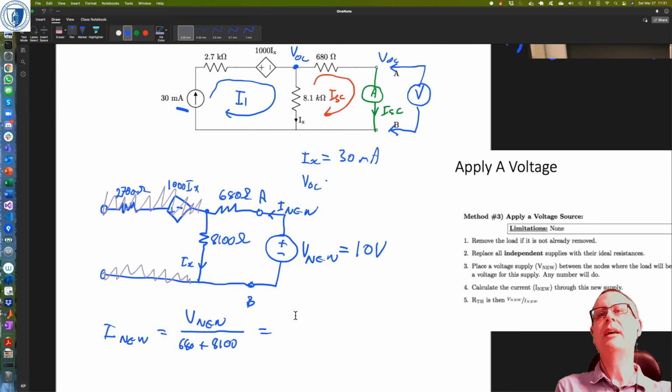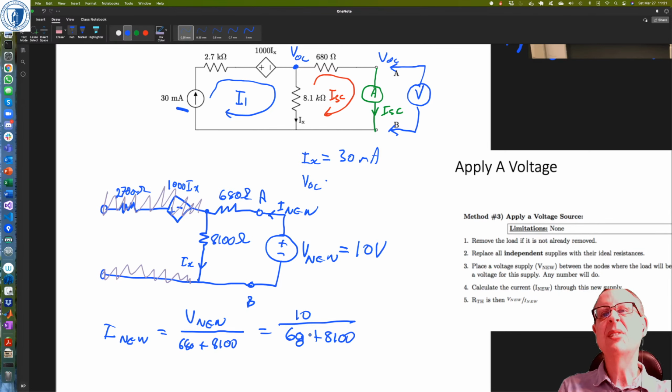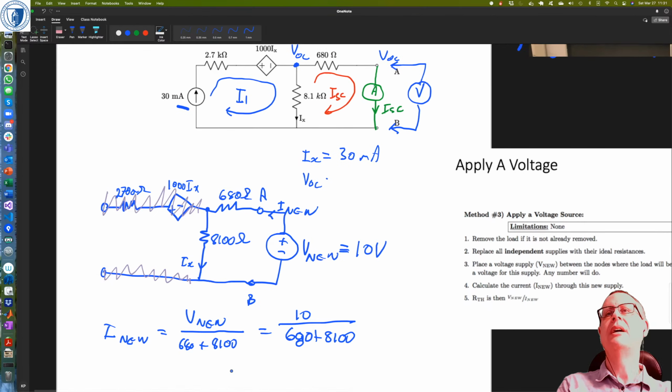So that's 10 on 680 plus 8100. That should be 680, not 68. Oh, drat.